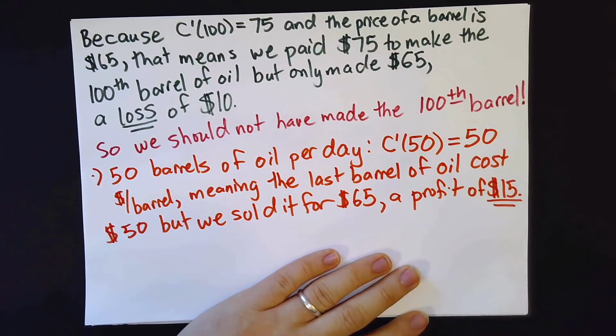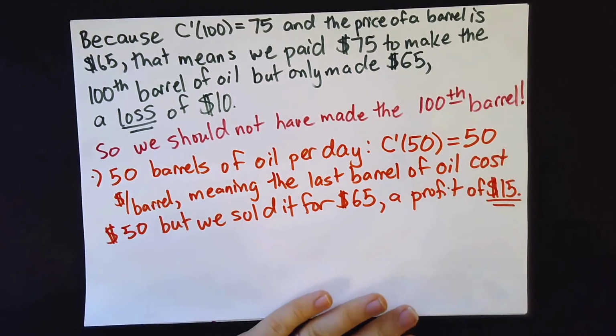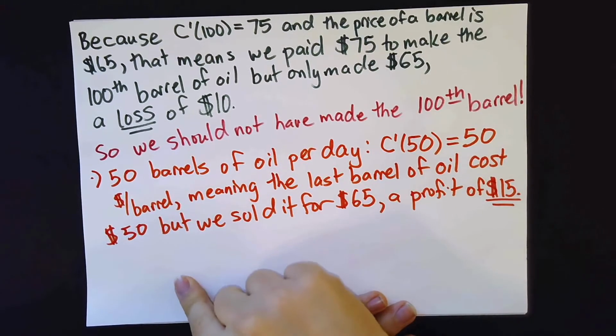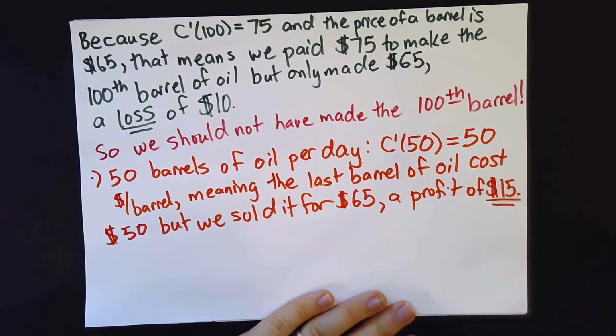Until I'm not making money anymore. So I want to keep going until the profit on the last barrel I made is 0. And why is it I want to stop at 0? I want to stop at 0 because if I keep going even further after that, I'm going to start making negative profit on the next barrels, and I really don't want to make negative profit.